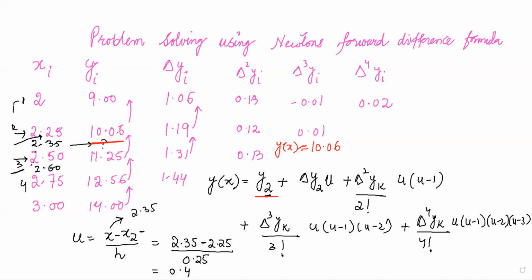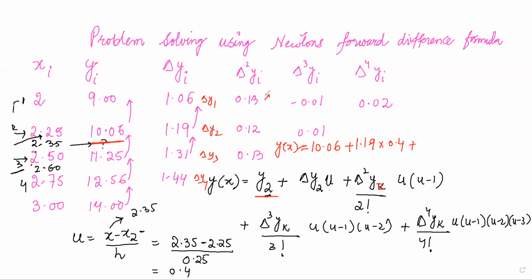This is y1, this is y2, this is y3, and so on; this is delta y1, this is delta y2, this is delta y3, this is delta y4. So we have delta y2 into u, and delta y2 is 1.19, so 1.19 multiplied by 0.4, plus delta 2 y2 divided by 2 factorial.